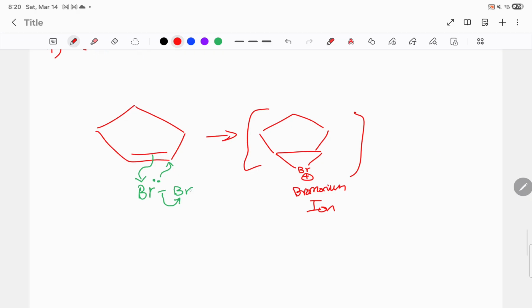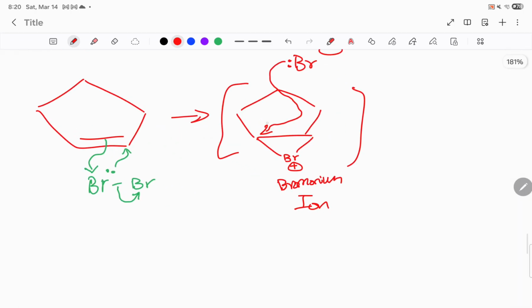Now, what happens to this Br minus that left? Well, this Br minus will do what we call a backside attack. In this specific case, it can either attack here or it can attack here. It doesn't really matter in this case. If it attacks there, it's going to end up opening this little bromonium ion ring and transferring the electrons from this bond into this bromine.